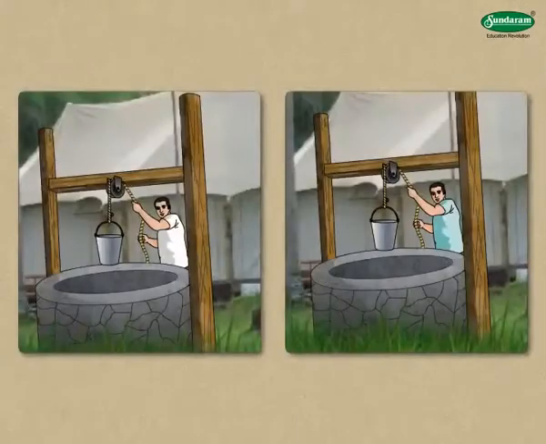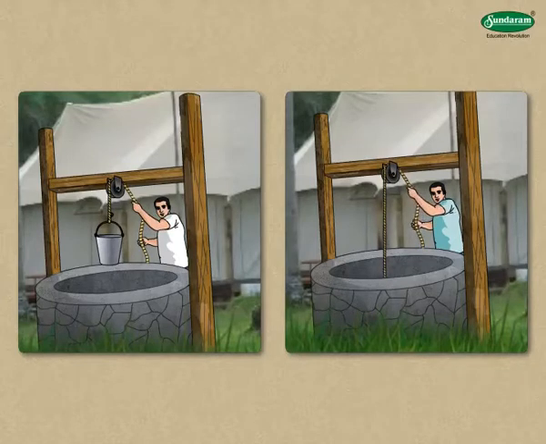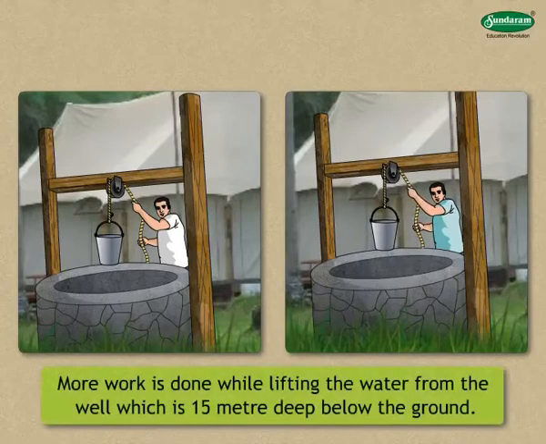In a well, the water level is 10 meters below the ground, and in another well, it is at a depth of 15 meters. Now, if the same bucket is used to lift water, first from the first well and then from the other, when is more work done? More work is done while lifting the water from the well which is 15 meters deep.